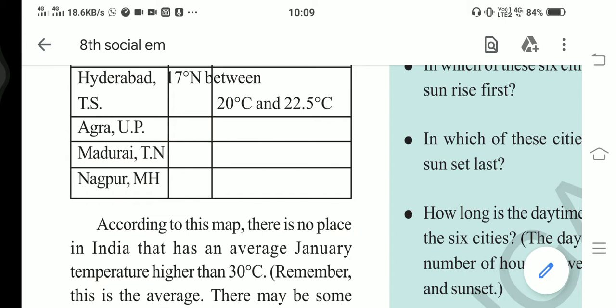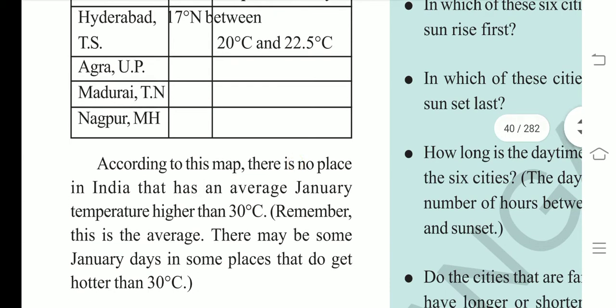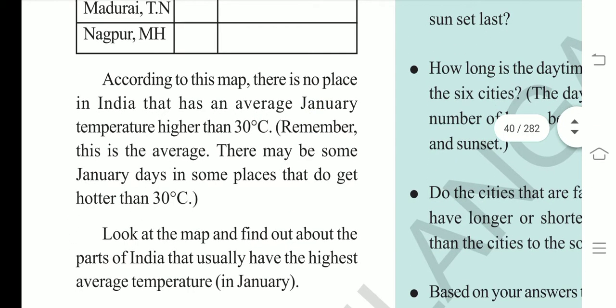Then you will find that the temperature does not exceed 30 degrees Celsius in the month of January in any part of India. Understand? There may be some January days in some places that do not get hotter than 30 degrees centigrade. That means throughout India, if you take any place, any region, the temperature does not go above 30 degrees Celsius in the month of January.